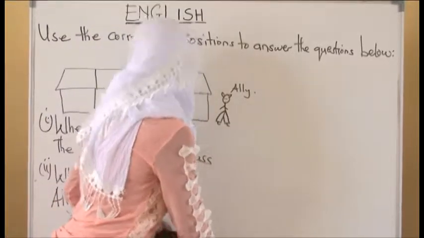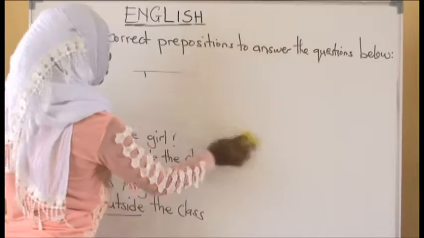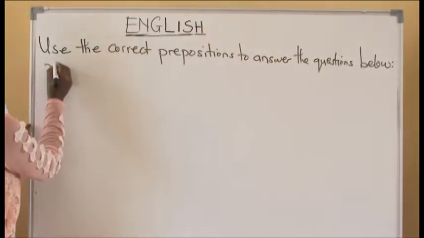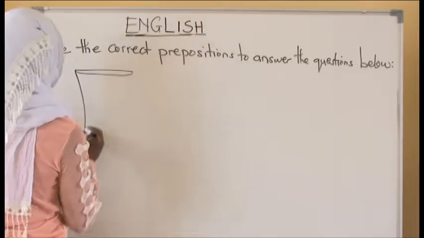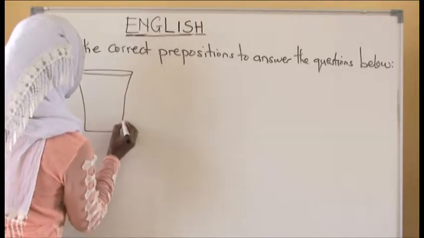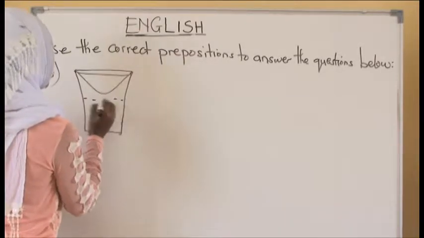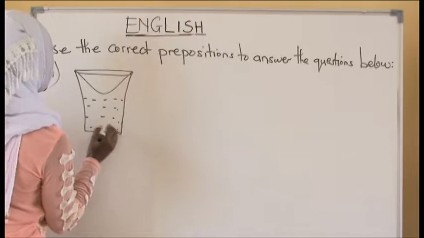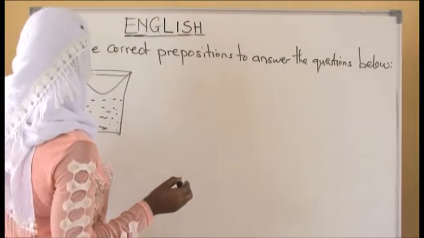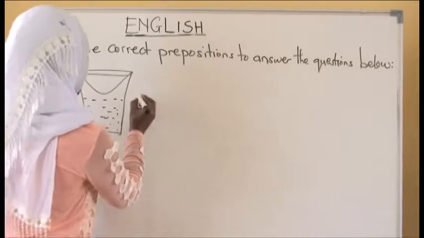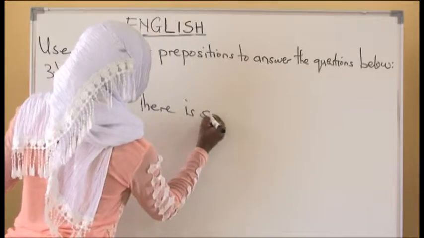Then question number 3. We had a bucket here, and in this bucket, there is some water. You are told to answer this question here: There is some water, dash, dash, bucket.